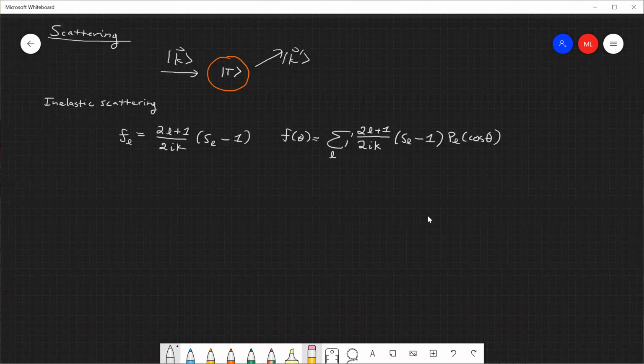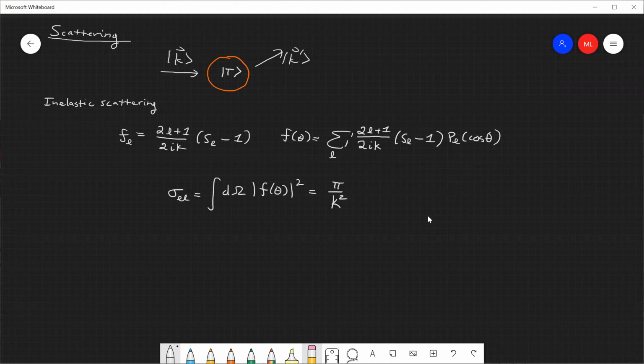That's the scattering amplitude. For elastic scattering, we know that the total cross-section is just, you integrate up the square of this scattering amplitude. And you get pi over k squared from the angular integrations and so on. There's 2 pi from the integration over phi.